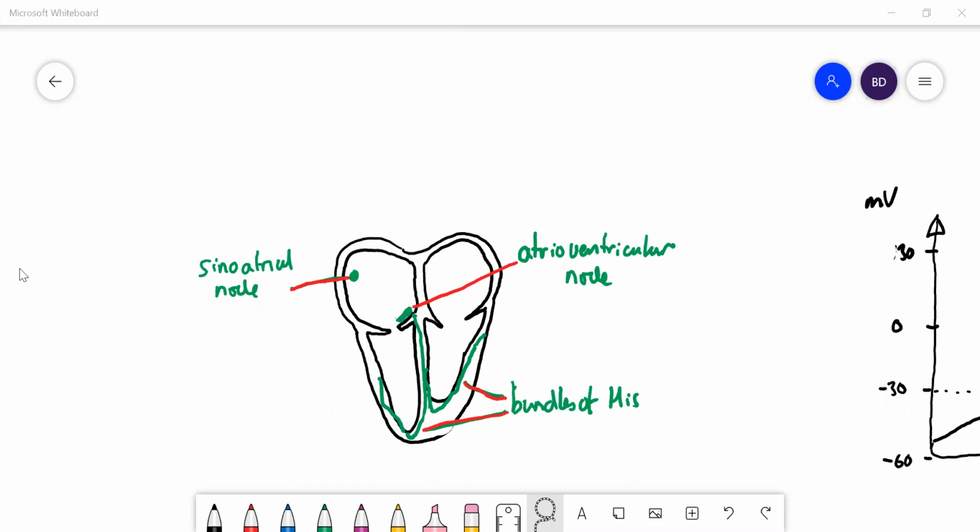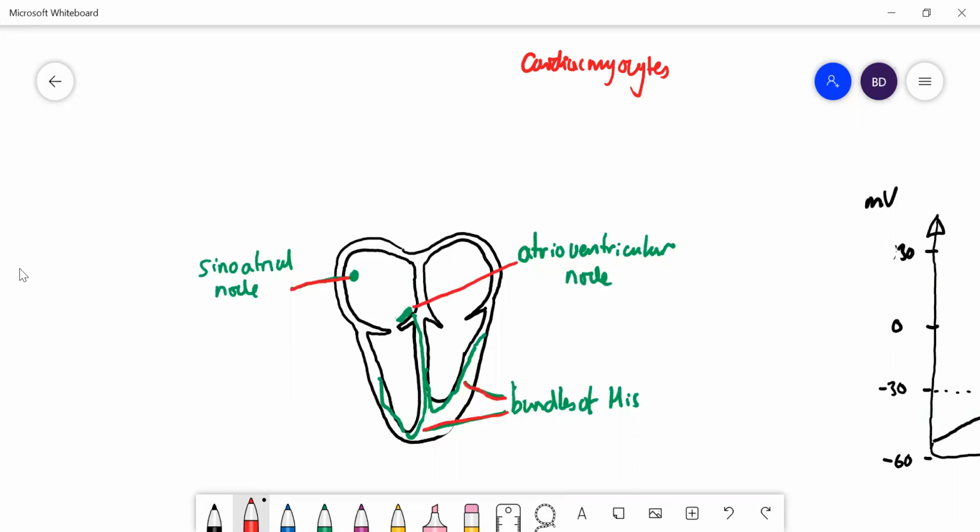Okay. Now, the heart is made up of a particular kind of muscle cells called cardiac myocytes. They are the cells which can contract, and you have them in the atria and the ventricles, and cause the blood to be squeezed.